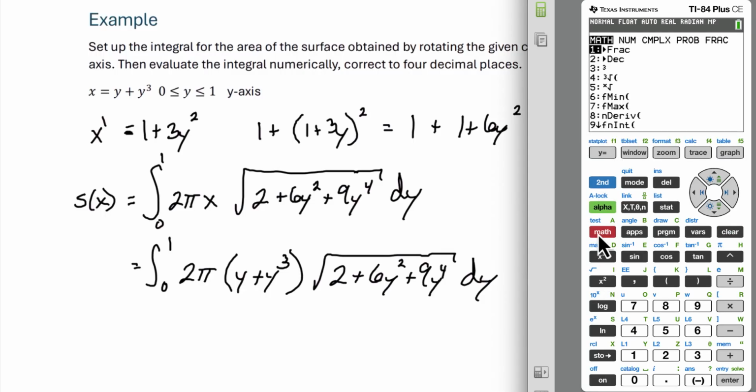First, integral in the math option. We are integrating from 0 to 1, 2 pi, y plus y cubed. I'm just going to use the variable x for the calculator.